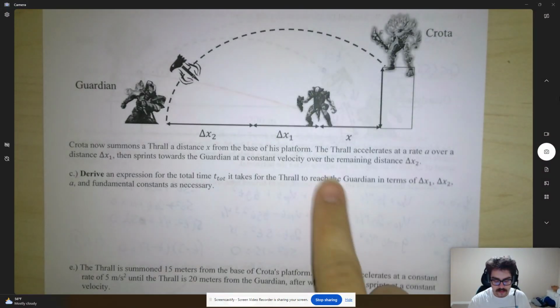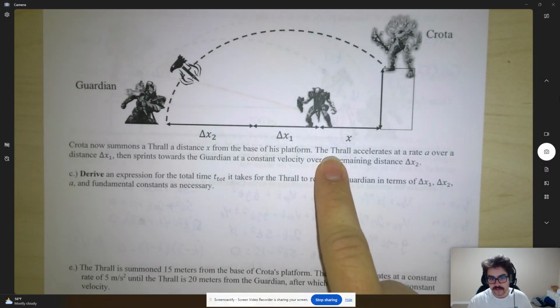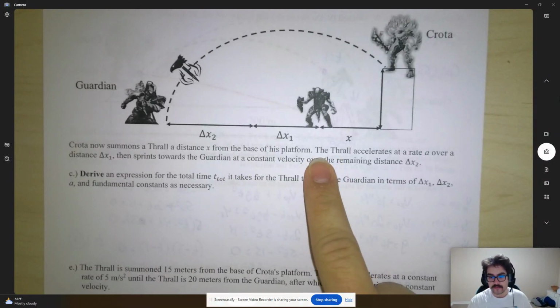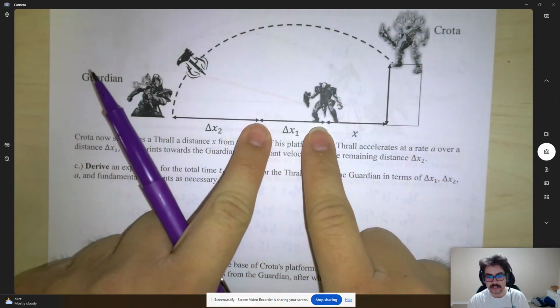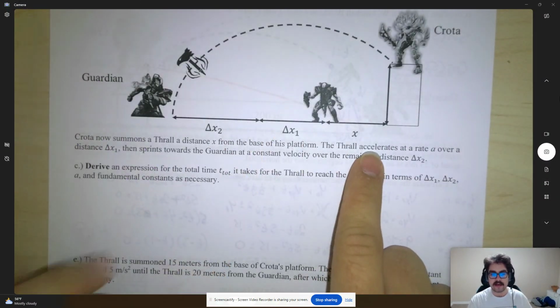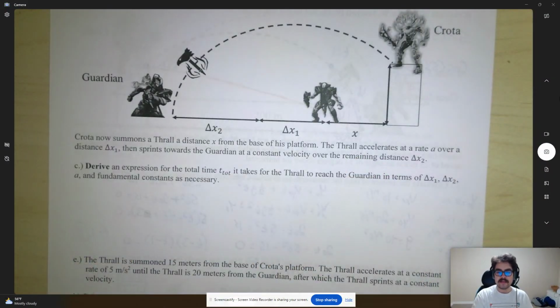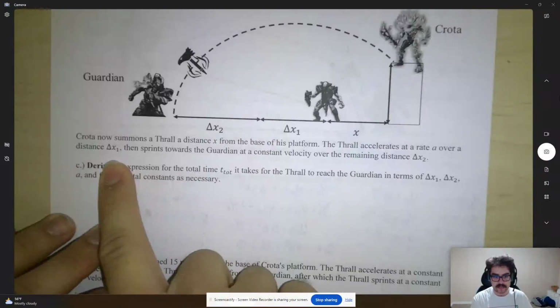So what I need to do is derive an expression for the time it takes for the thrall to go the distance delta x1. It starts at rest, and then it accelerates at a rate a over a distance delta x1.